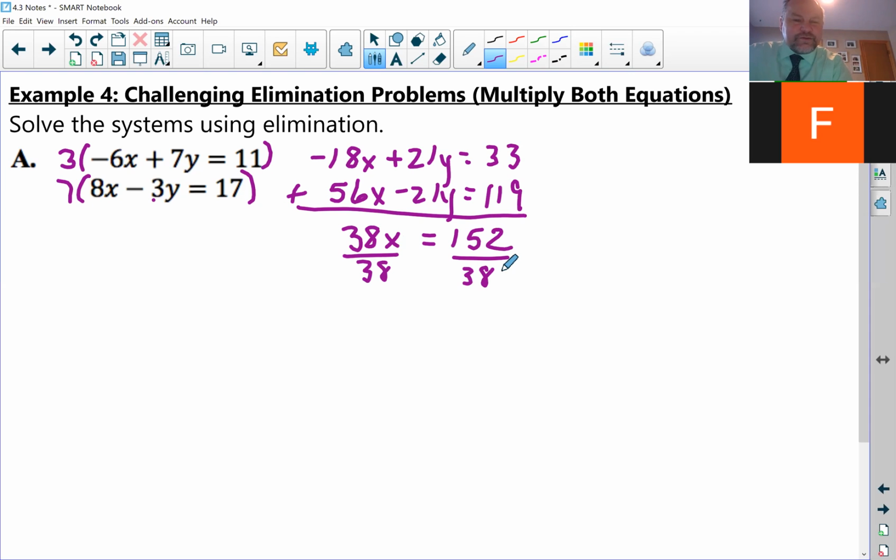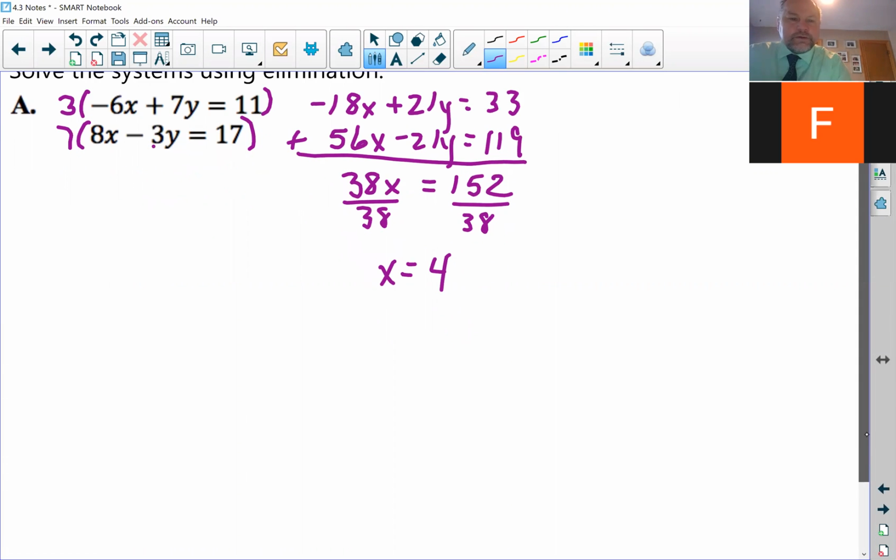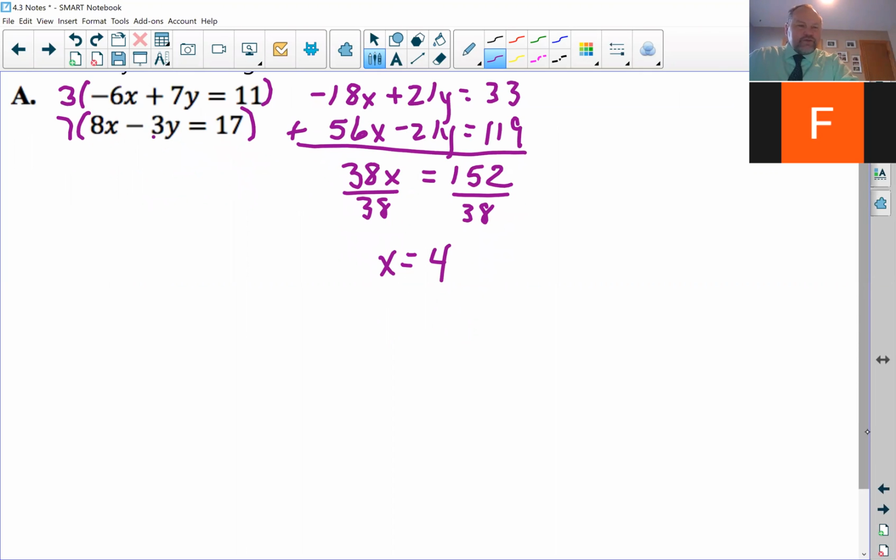Divide both sides by 38. And I think x equals 4. Take that, plug it into one of your original two equations.